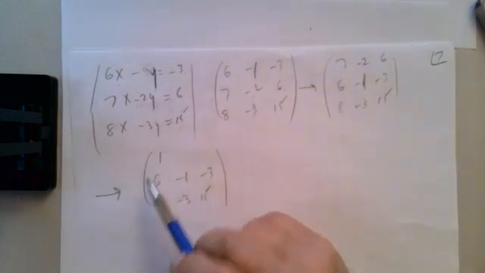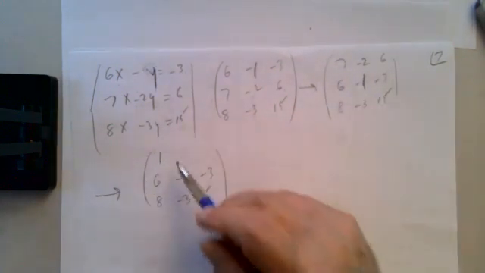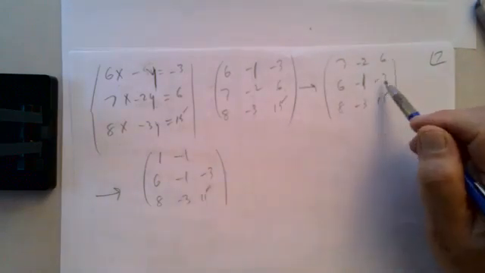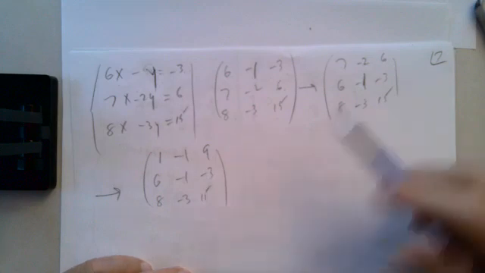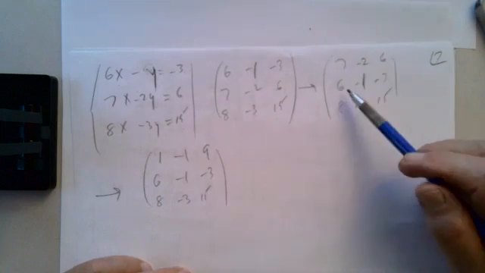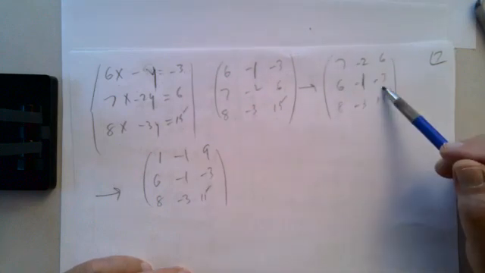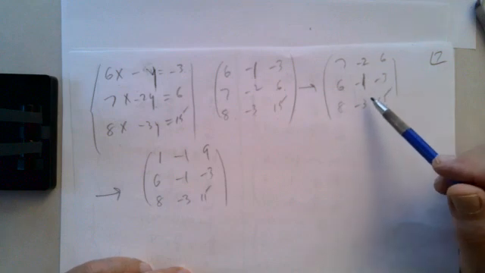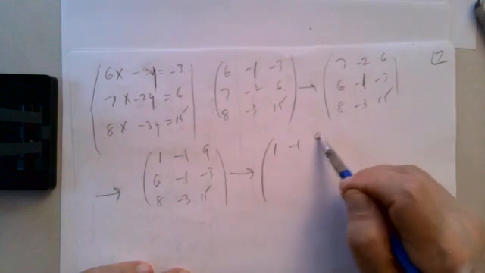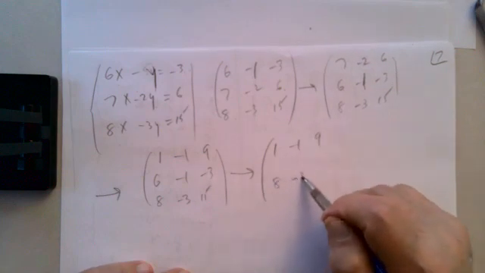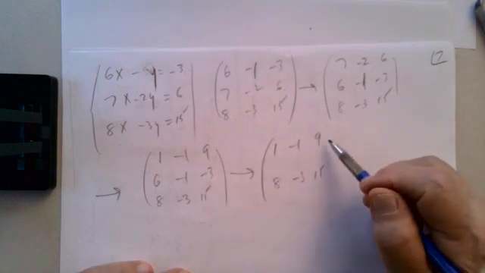So 7 minus 6 is 1, minus 2 plus 1 is minus 1, 6 minus minus 3 is 9. So I took the first row minus the second row. And then 1 minus 1, 9, 8 minus 3, 15.